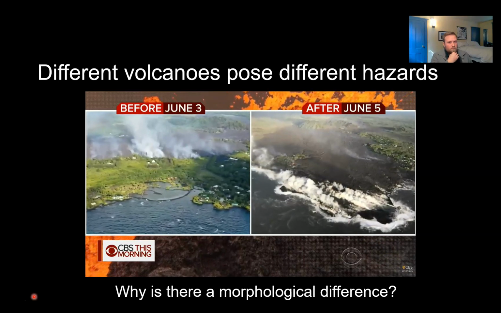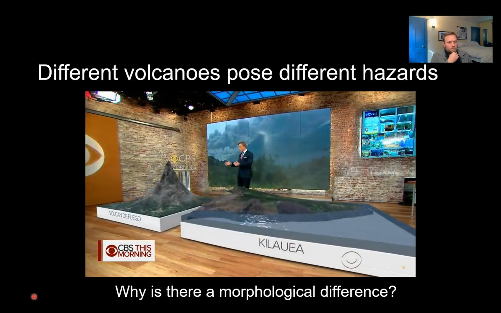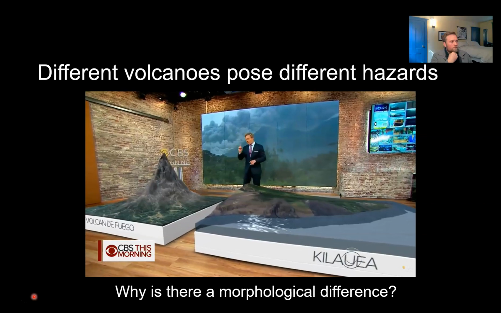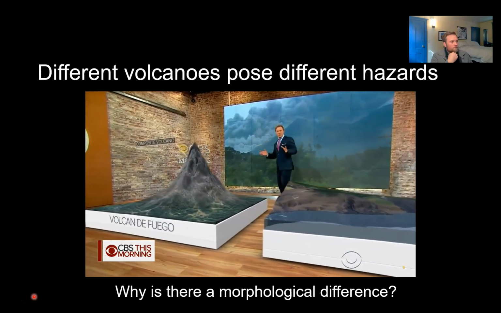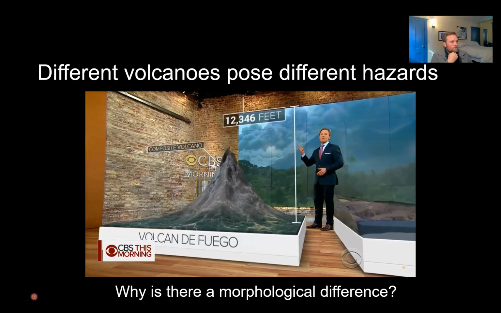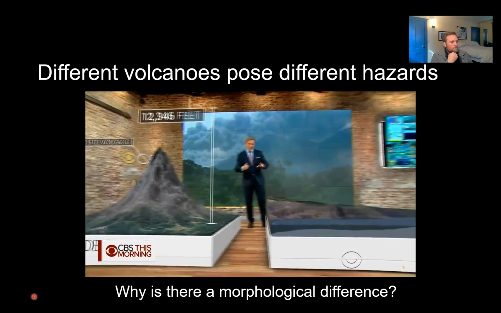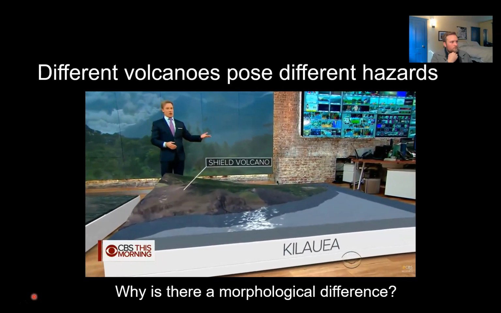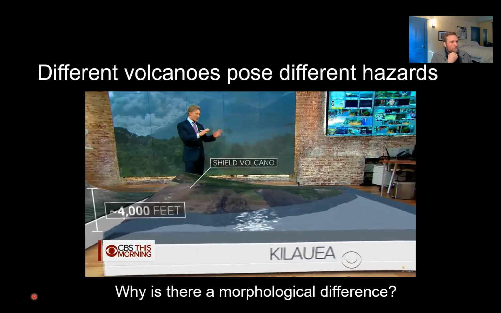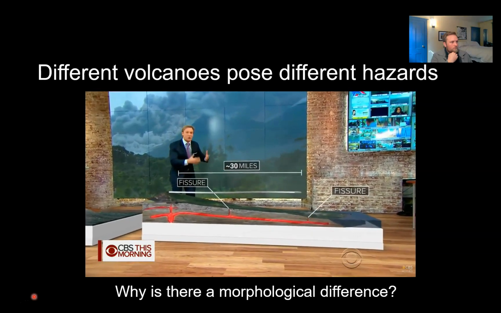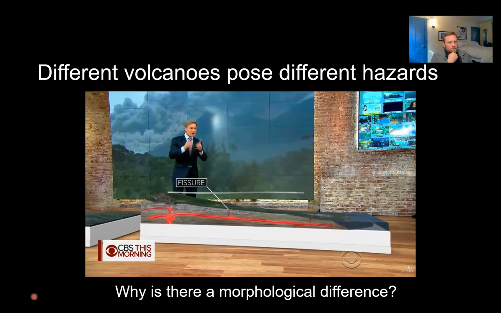Lonnie, good morning. Well, Volcan de Fuego in Guatemala and Kilauea in Hawaii are both volcanoes, but they are very different. Volcan de Fuego is a composite volcano. So this looks like your typical volcano. It's tall, it's steep, it's over 12,000 feet tall. Kilauea is a shield volcano. So it's shorter, it's fatter, it's only about 4,000 feet tall. And in Hawaii, most of the eruptions have happened when that lava has traveled 30 miles underground and it breaks through the earth at a number of different openings.